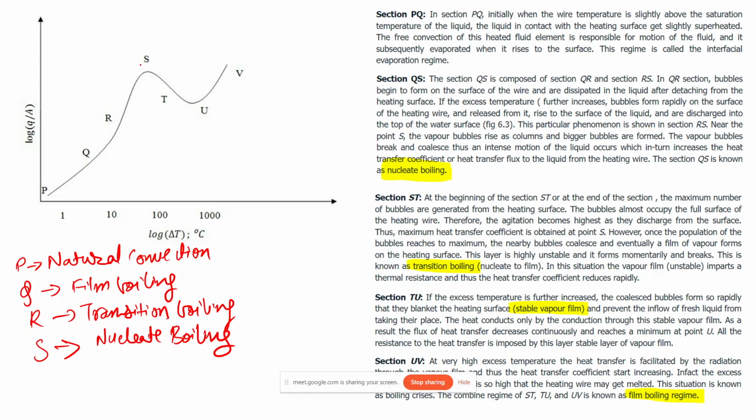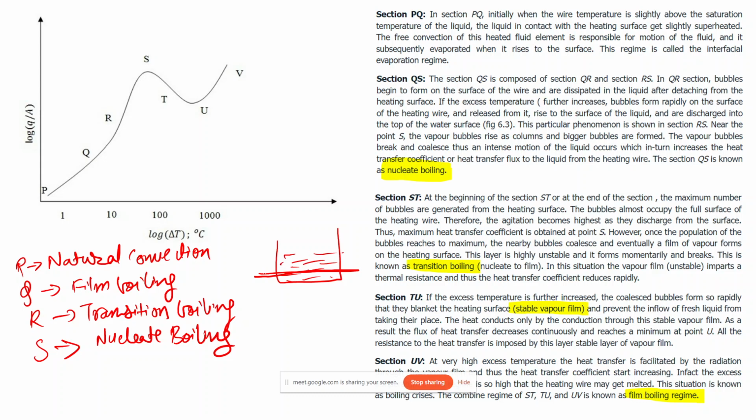Here we have this boiling curve in much detail, in which there are different sections P, Q, R, S, but the alphabetical order is different and we have to arrange them in the correct order. In this pool boiling experiment, we have a heat source, consider a wire, and a reservoir filled with fluid.